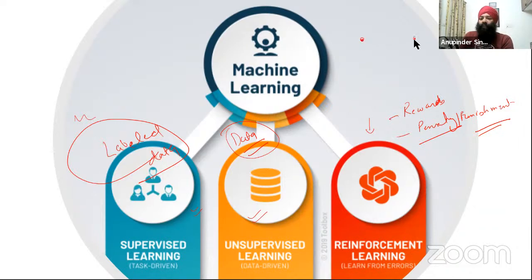So let's say there are two different kinds of emails being received by a particular server, and the machine learning algorithm is going to work around it. Based on some assumptions, there are two emails, E1 and E2. E1 is marked as spam and sent into the spam folder, whereas E2 is received in the inbox.